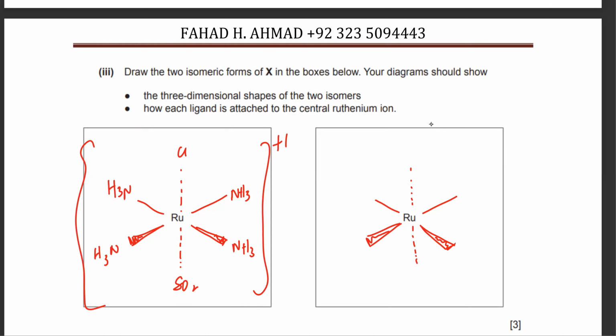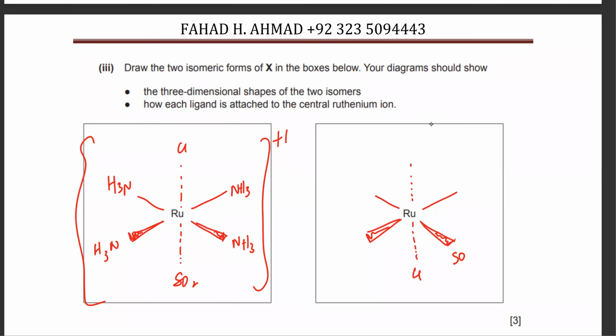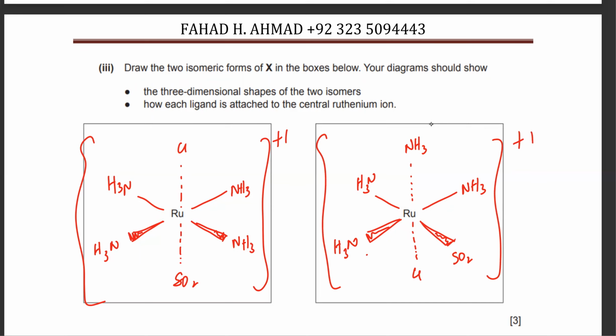The other arrangement could be that the Cl and SO2 are right next to each other, 90 degrees apart, and this would be NH3s. Is that clear? Yes. So those are the 2 isomeric forms.